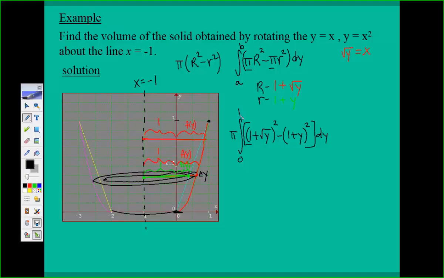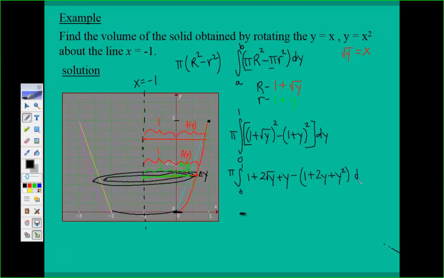And now we can find our antiderivatives. First of all, let's multiply this out. We'd have 1 plus 2 square roots of y plus y, minus 1 plus 2y plus y squared.